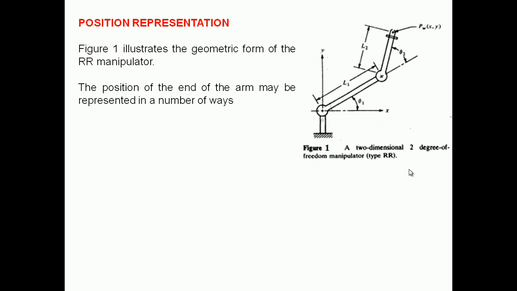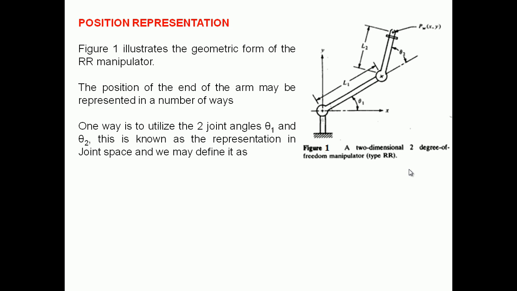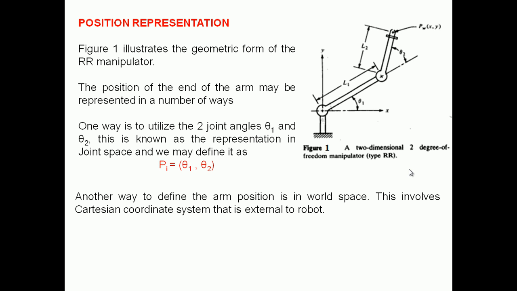The position of the end of the arm may be represented in a number of ways. I have already told you, based on joint, otherwise in terms of world space. One way is to utilize the two joint angles, θ1 and θ2. This is known as the representation in joint space, and we may define it as P, the point Pi, from θ1, θ2. Another way to define the arm position is in world space.